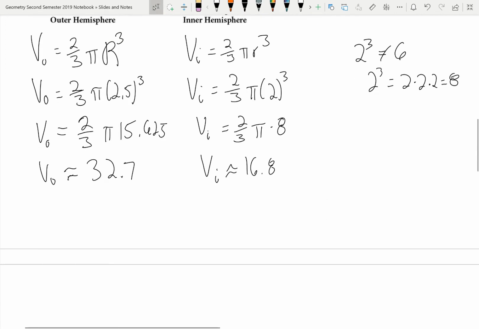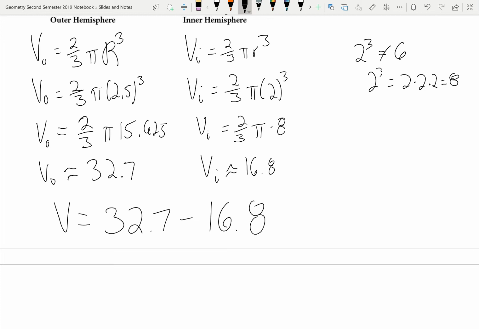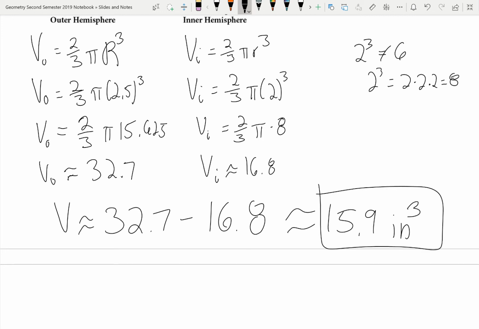So the volume is going to be the outer minus the inner. That's going to be approximately equal to 15.9 cubic inches. And I'm done.